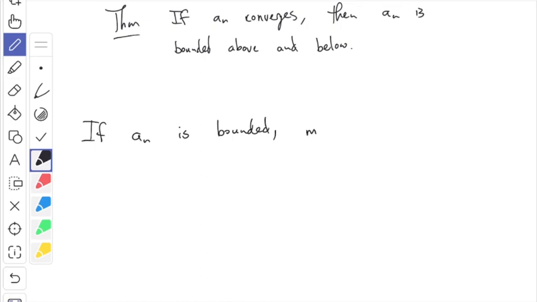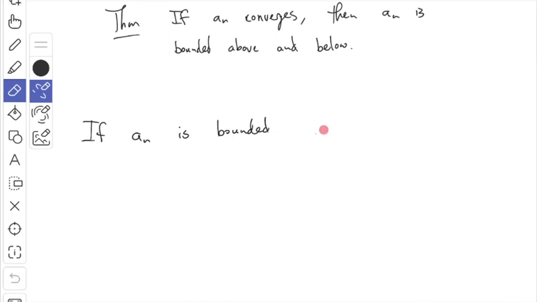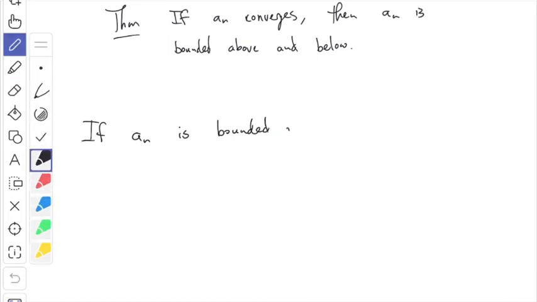Okay, so let's talk about something which is bounded above and below. How about the alternating sequence? 1, minus 1, 1, minus 1, that one? That is bounded above and below, but it doesn't converge. So if a_n is bounded above and below, here's the question I was asking: must it converge?